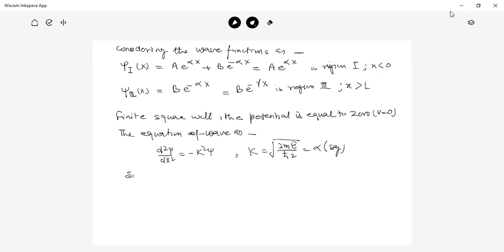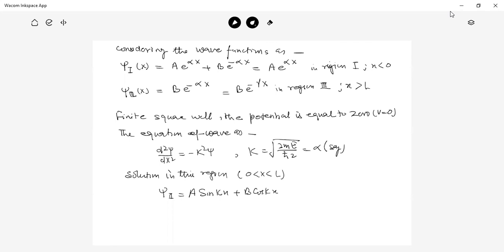So the solution in this region is psi 2 is equal to A sin kx plus B cos kx.